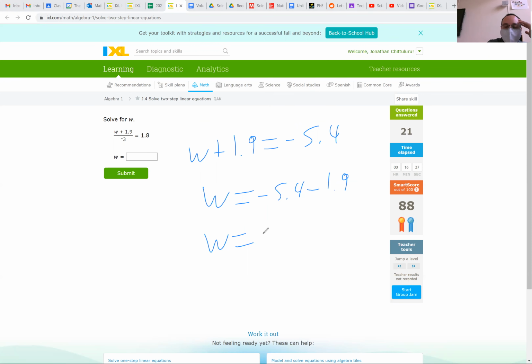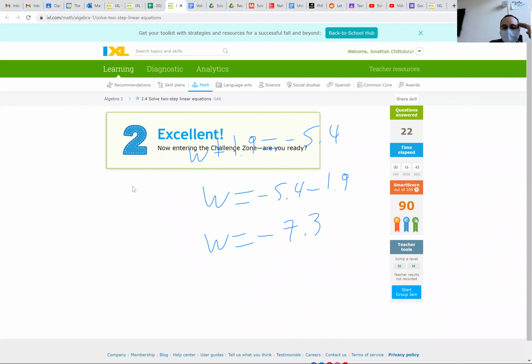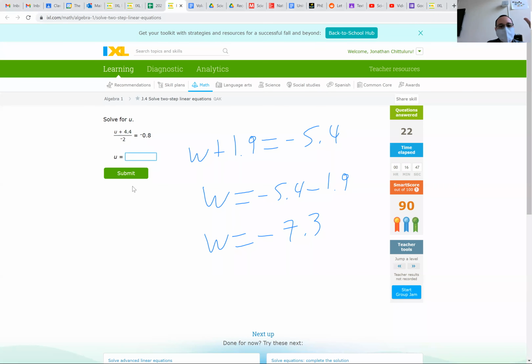W equals -7.3. Okay, so -7.3. Yeah, I don't think that was wrong. I think that's correct. So let's go ahead and put that in here. -7.3. Tell me that works. Brilliant. Okay. And I'm out.